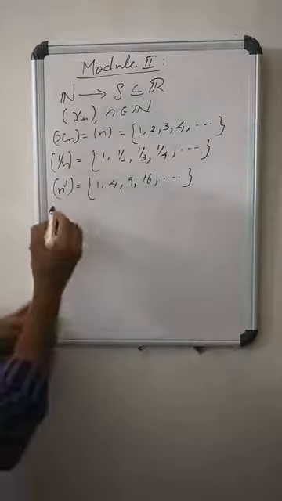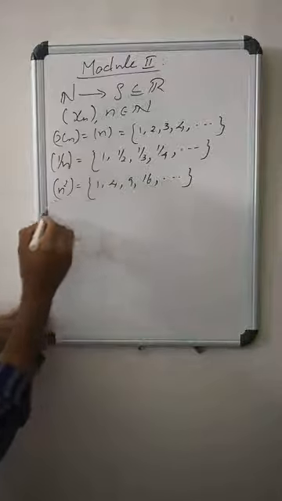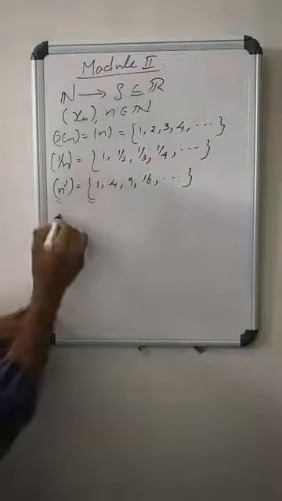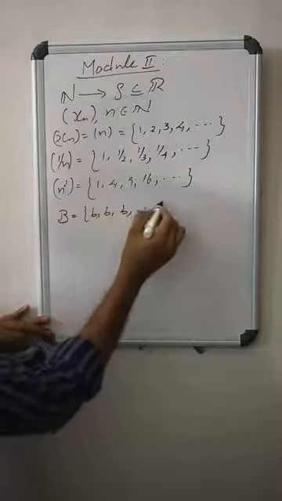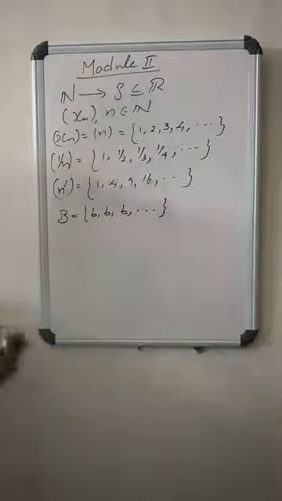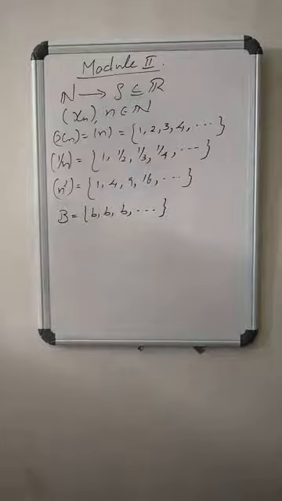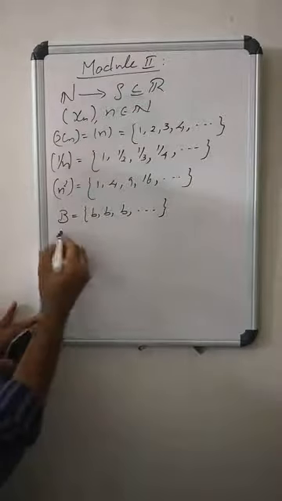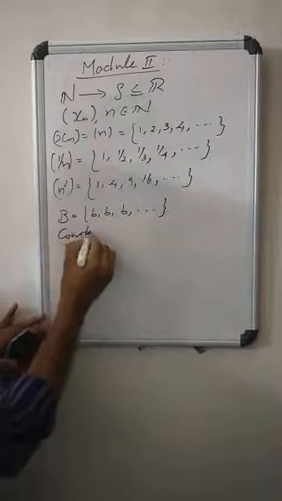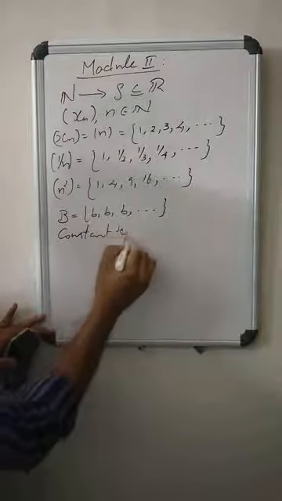Consider this sequence b: b, b, b, etc. This means in that sequence each element is b. So this sequence is said to be a constant sequence. What is a constant sequence?